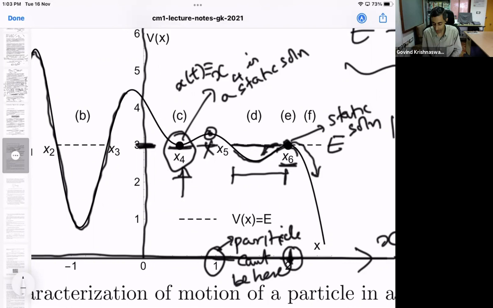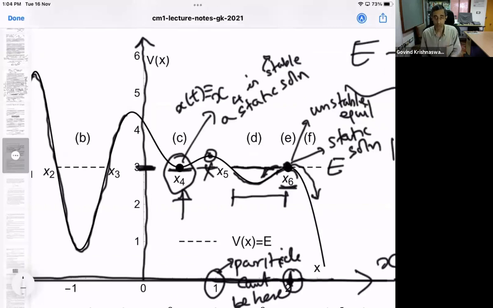The particle is on a line, like a hill, and that is why we say the particle can roll down the hill. But it's very important to bear in mind the particle is located on a line. So these two static solutions are both points of equilibrium where the particle is at rest and remains at rest, but one is an unstable and the other a stable equilibrium solution. All right.